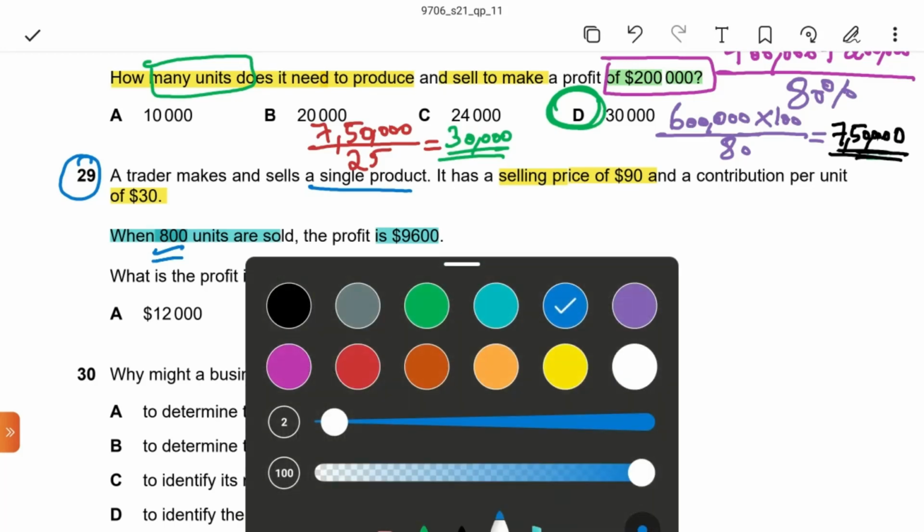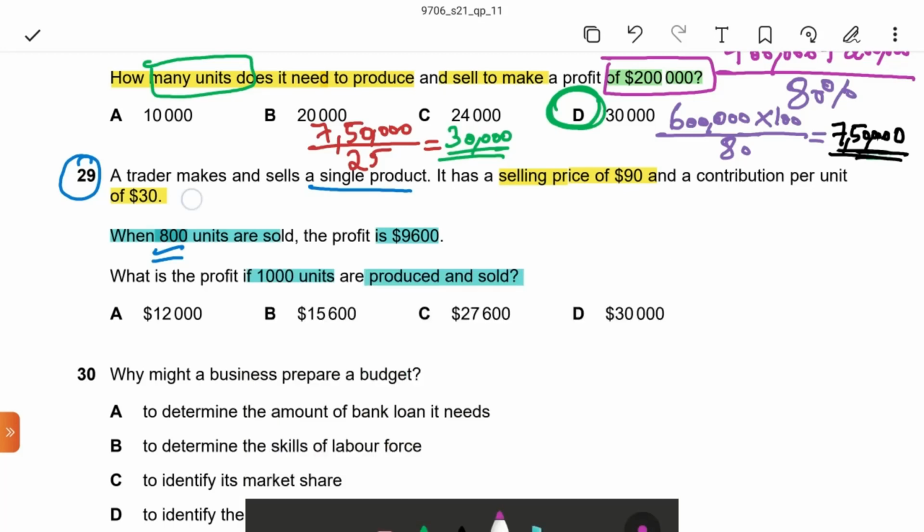Variable cost is equal to selling price minus contribution. Selling price is 90, contribution is 30. 90 minus 30 is equal to $60, our variable cost.